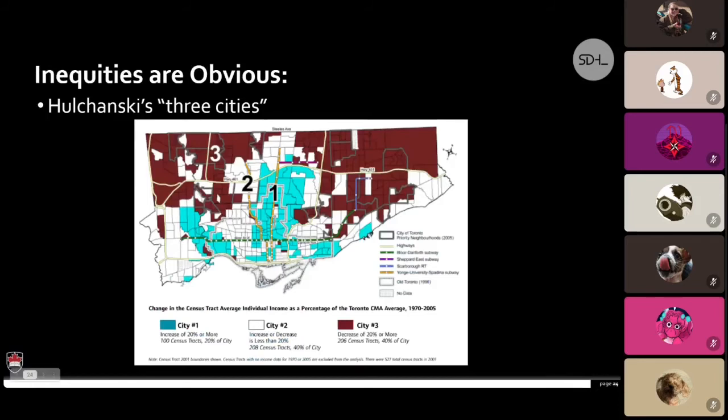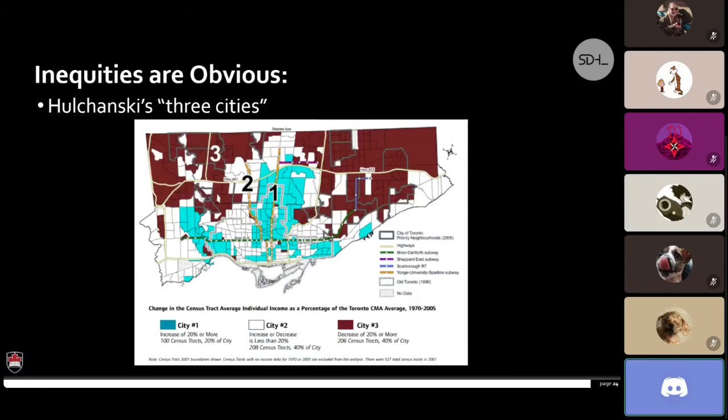Adding a bit more to this profile, here is income change. David Hulchanski is a researcher at the University of Toronto who has been exploring the inequities within Toronto, and he's come up with this idea that it's a collection of three cities.